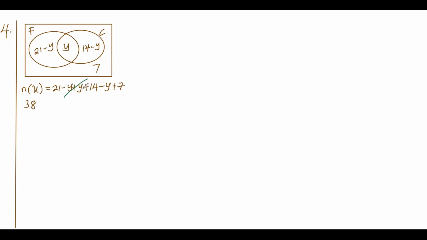Then 21 plus 14 is 35, then plus 7 is 42, then minus Y. So plus Y now, when it moves, 42 minus 38 is 4. Is that understood, everyone? Yes. This is a better way to solve such a problem.